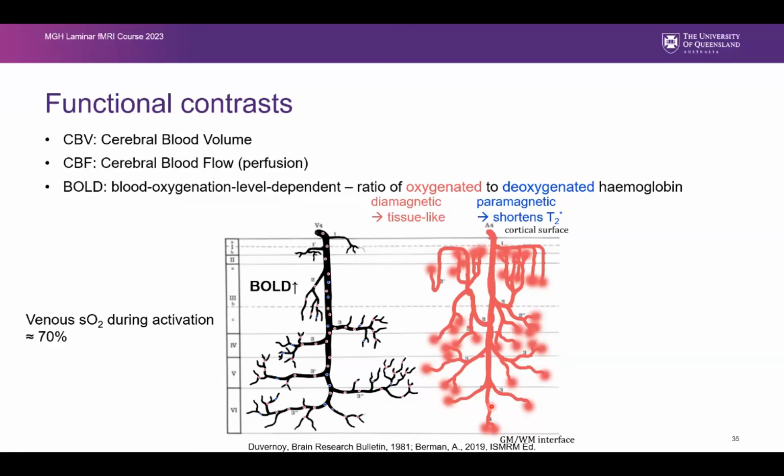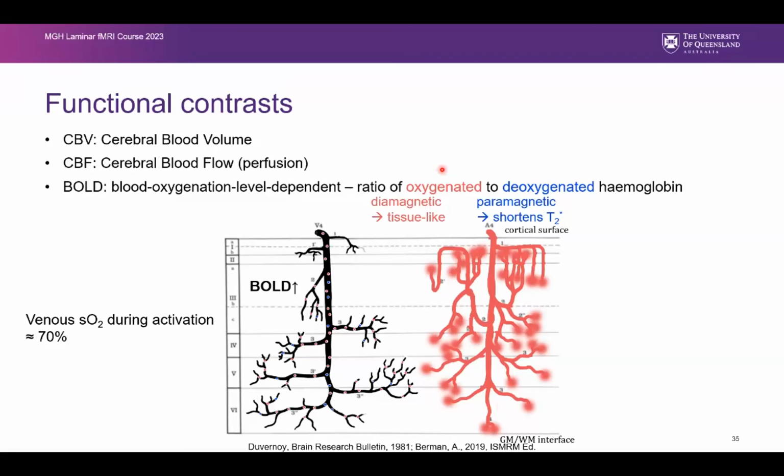And on the MR side, we don't really see oxygenated blood. It's diamagnetic and it really behaves like the tissue. So we don't see any changes in how much oxygenated blood is in the vasculature. What we do see is deoxygenated hemoglobin. It's paramagnetic and it shortens our T2*.